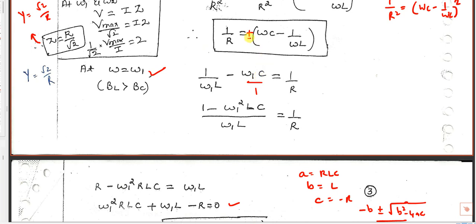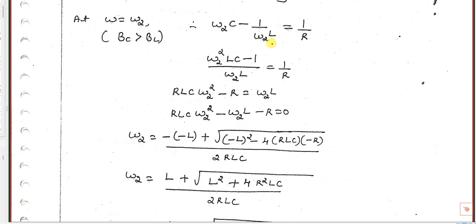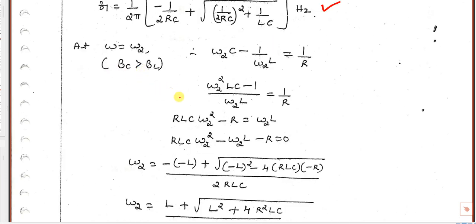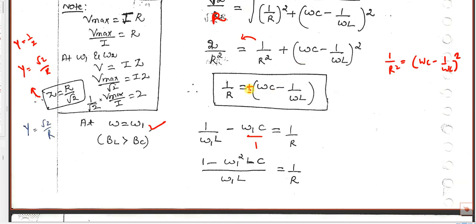Another case we have to consider: R is equal to minus, and we have to consider omega C is greater than 1 by omega L. So at omega equal to omega 2, that means our upper cutoff frequency, you have to consider omega 2 C minus 1 by omega 2 L. So omega is replaced by omega 2 because we are considering the second cutoff frequency, the upper cutoff frequency. Now this is plus minus. One time you have to consider plus, one time you have to consider minus.